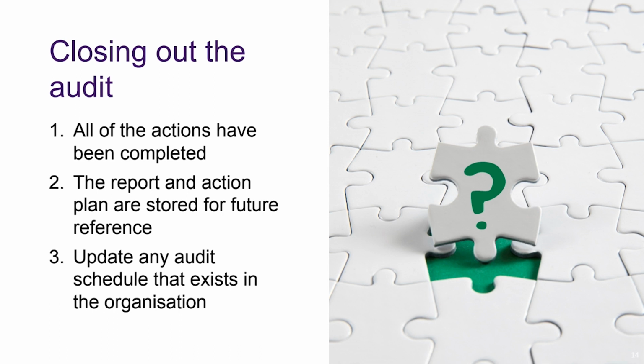And so storing the audit reports and the action plans, and having enough information in them, is a really important part of the knowledge management that sits in an organisation.